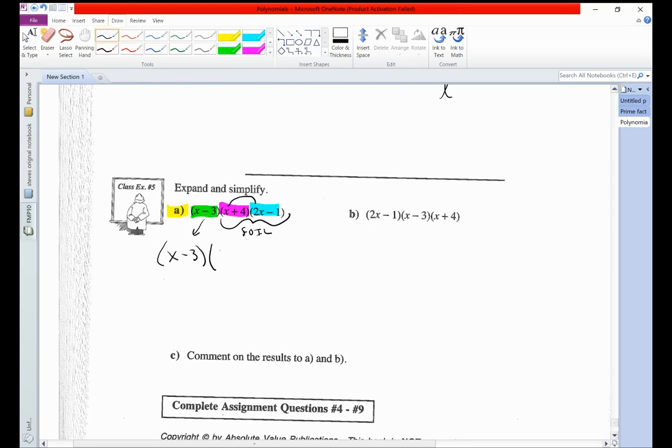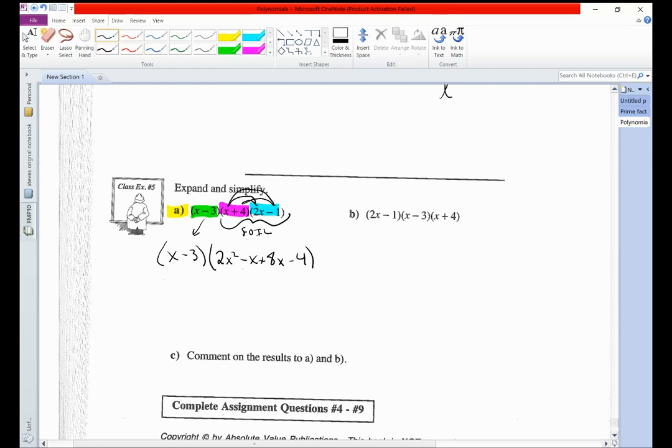X multiplied by 2x is 2x squared. X multiplied by negative 1 is negative x. And the inside terms, positive 4 multiplied by 2x is plus 8x. And positive 4 multiplied by negative 1 is negative 4.